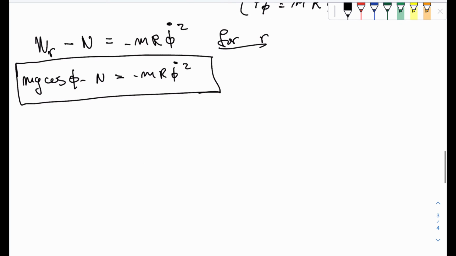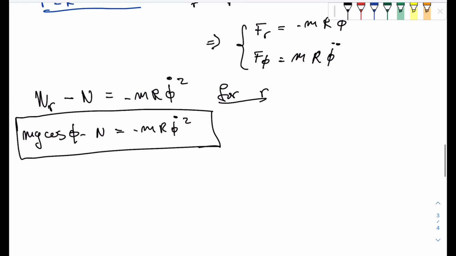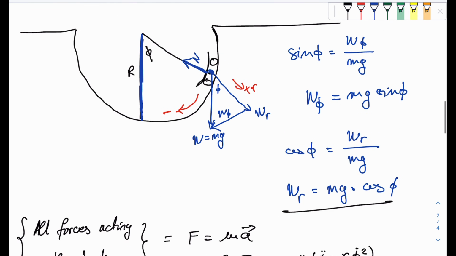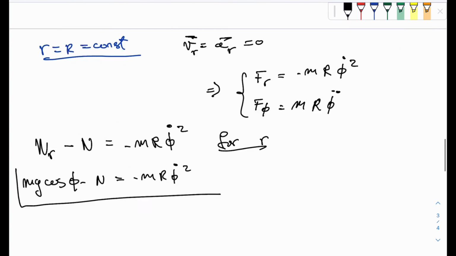While for the rotational direction, we have to concentrate here. We have the weight in the phi direction, and we have no other forces acting.